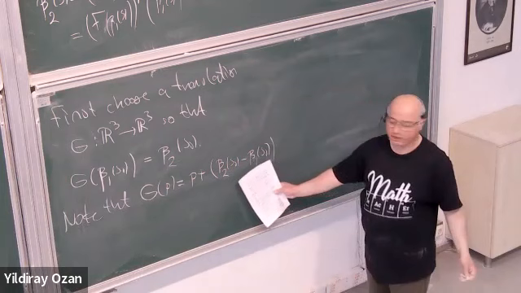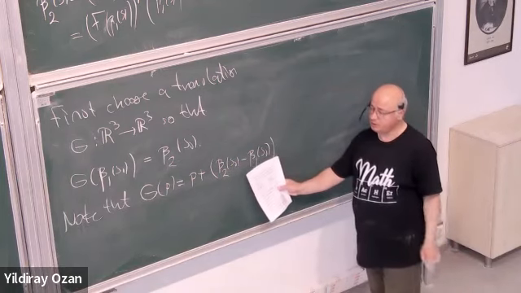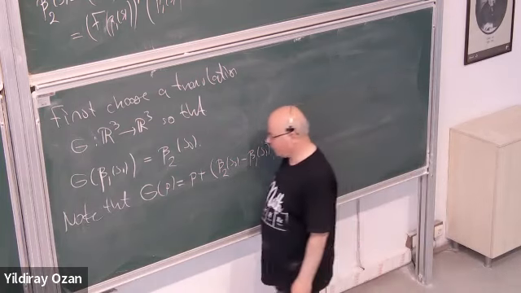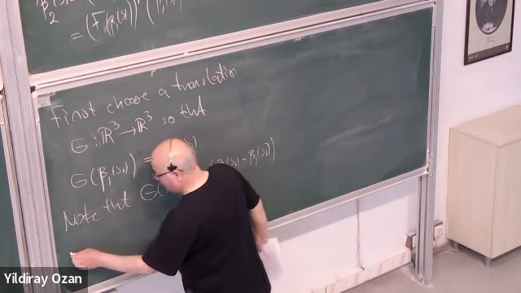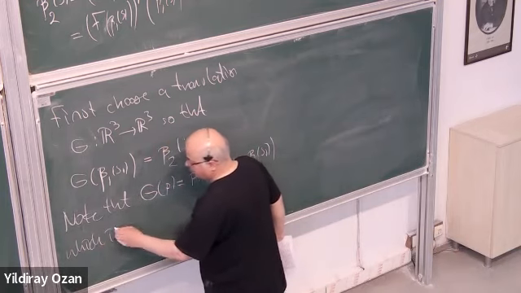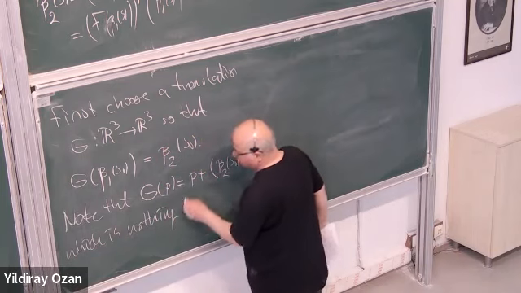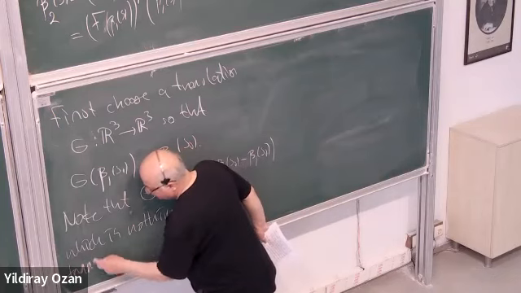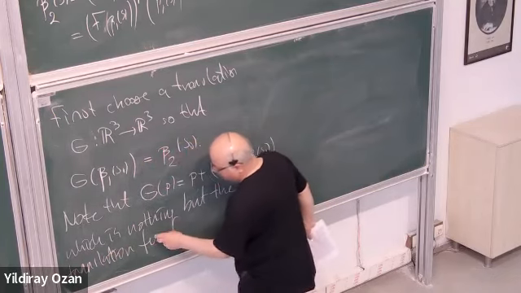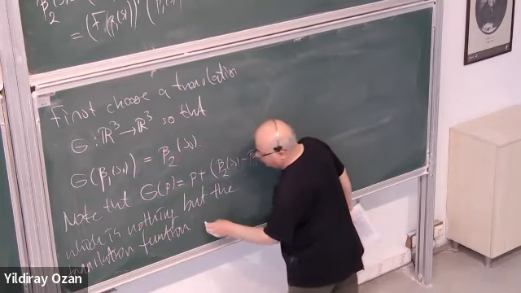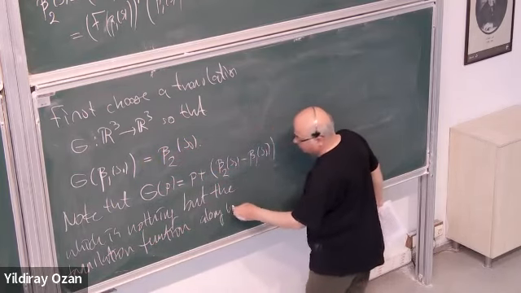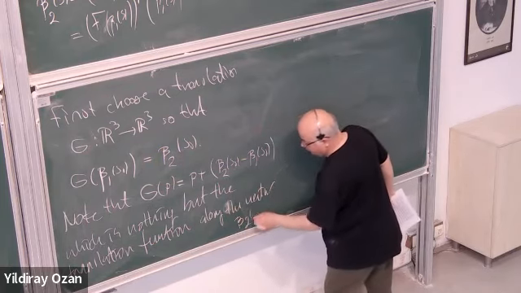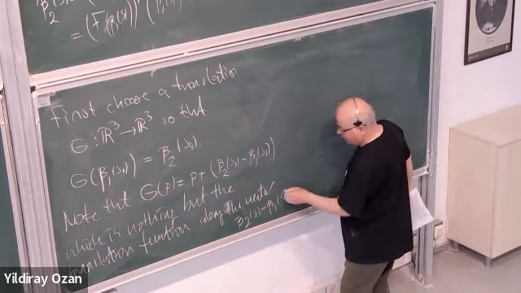So it is the translation function along the vector beta 2 S0 minus beta 1 S0.